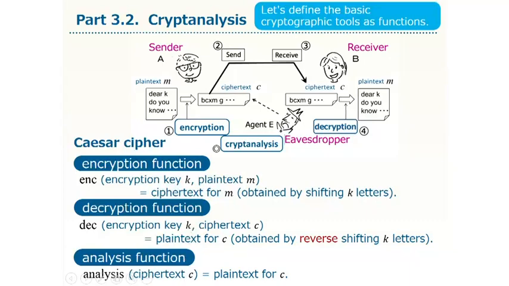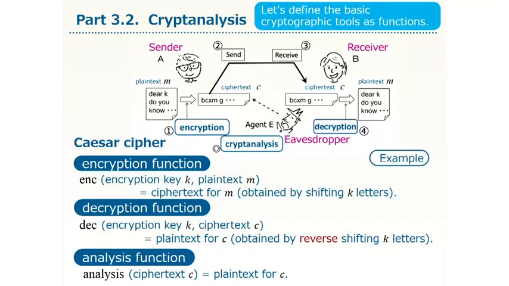This is the difference between decryption and cryptanalysis. Eavesdropper E must obtain M without knowing the secret key K. We assume that the eavesdropper can get the ciphertext completely, but we also assume that he cannot get the key. Writing the goal of computation with a function reveals this difference.